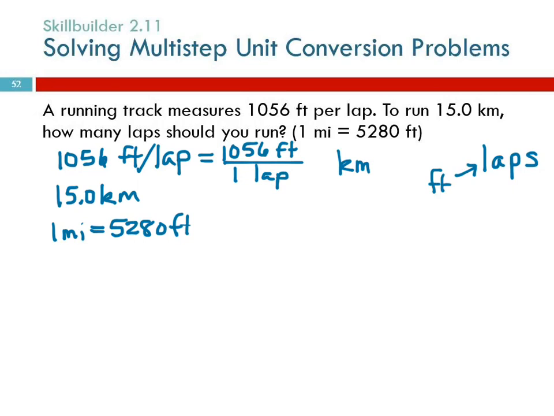We could look kilometers to miles up in the table. So that's a good idea. Kilometers to miles, and then they gave us miles to feet. It's not the only way to do it, but it's going to work.